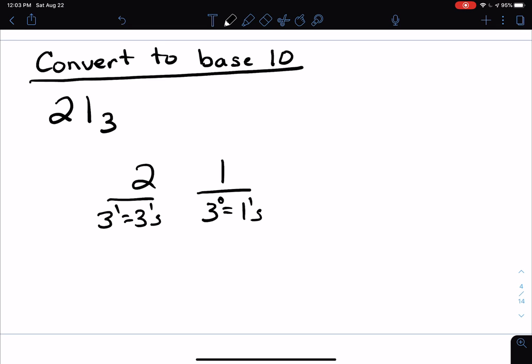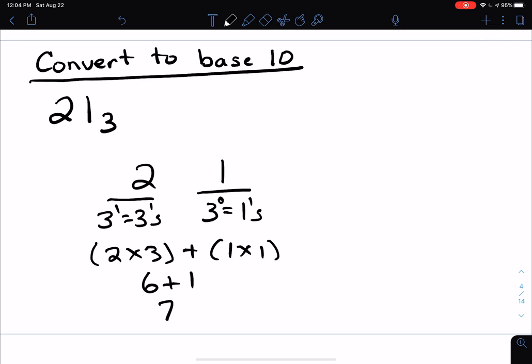So I figure out what that comes out to, add it up, and there I go. I can do 2 times 3 here, and I can do 1 times 1 here, and I'm going to have 6 plus 1, which is 7. So 7 in our numbers is the same thing as 2, 1 in base 3.